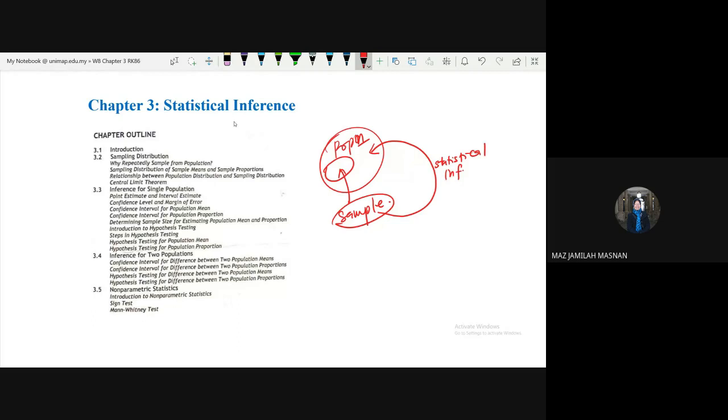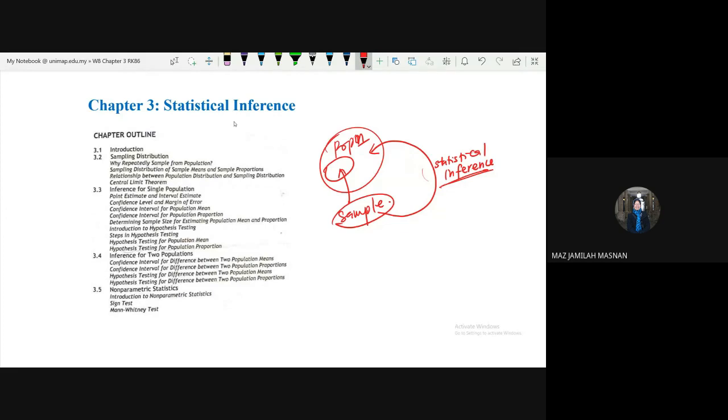So from this simple notation, I think you can imagine it will be far more complicated compared to statistical graphical and numerical data representation, whereby there will be a lot more involved when we do statistical inference.